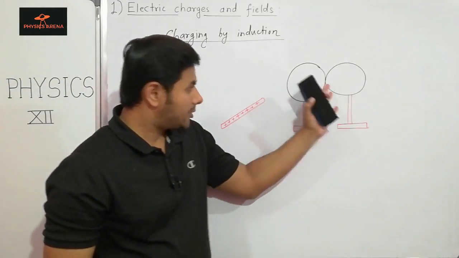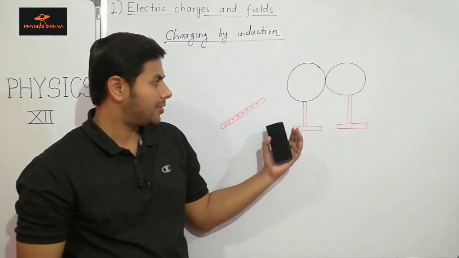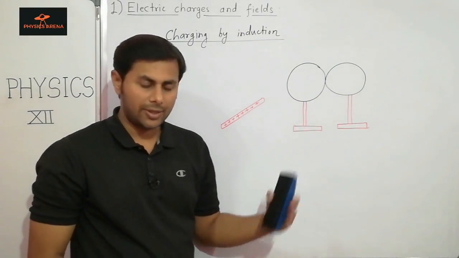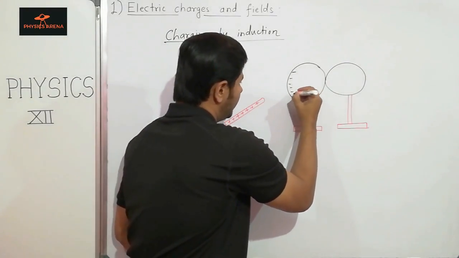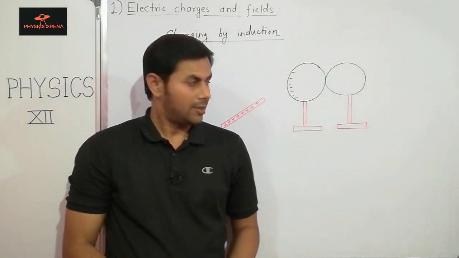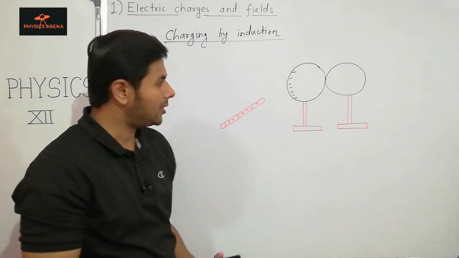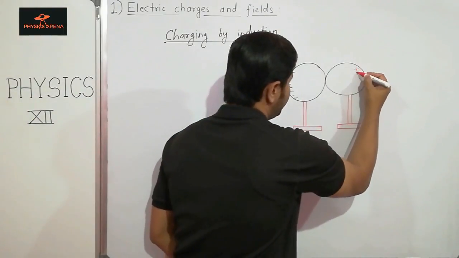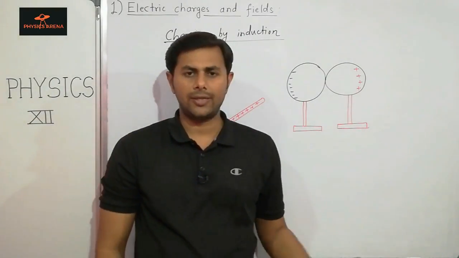The electrons in these metal balls will get attracted towards the glass rod, and some negative charge will get developed on this side. And because the other side will lack electrons, some positive charge will be developed on that other side.